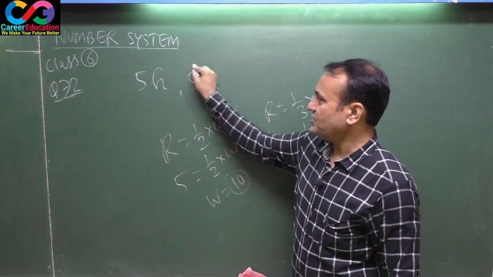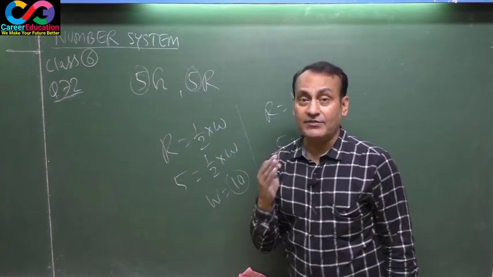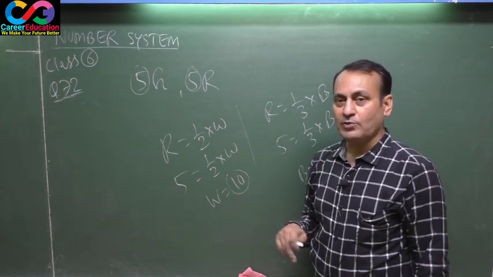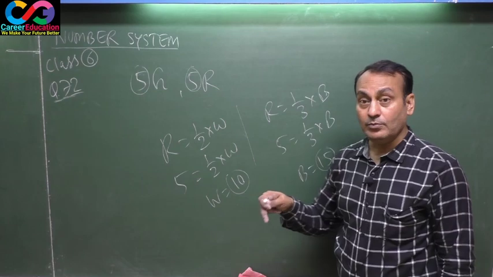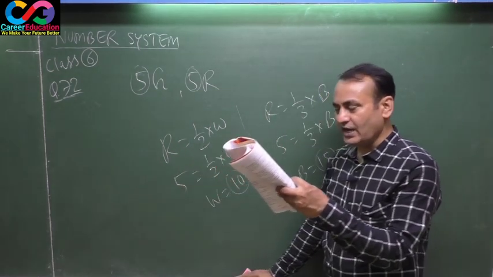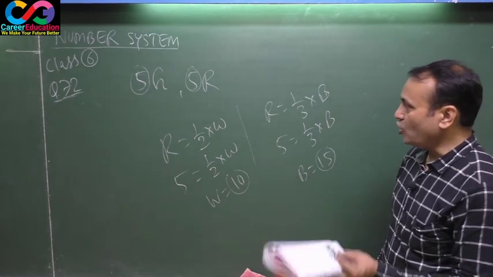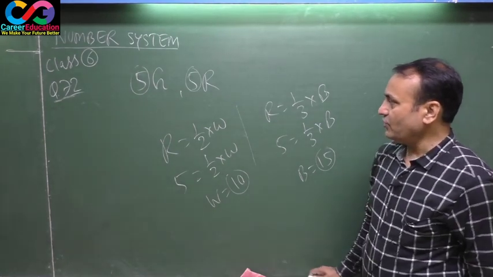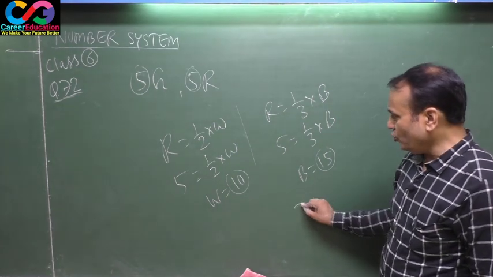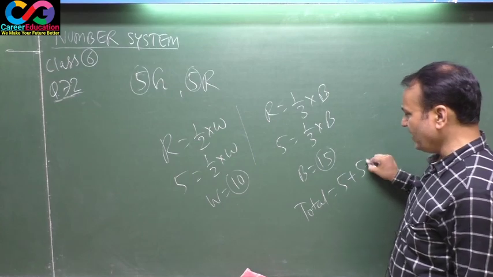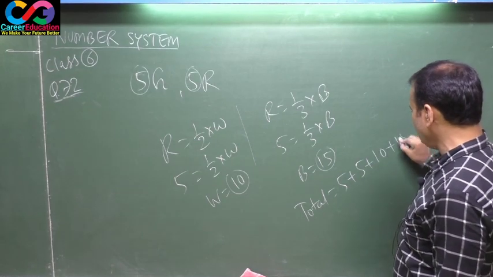So in his collection, there are 5 green balls, 5 red balls, 10 white balls, and 15 blue balls. The question asks how many balls there are in total. Total number of balls will be 5 plus 5 plus 10 plus 15.